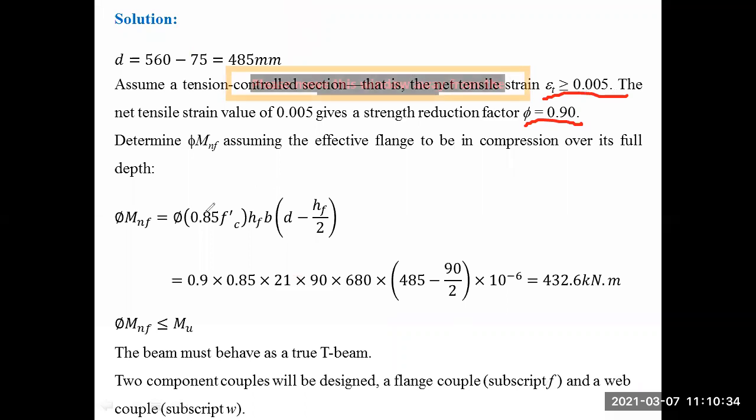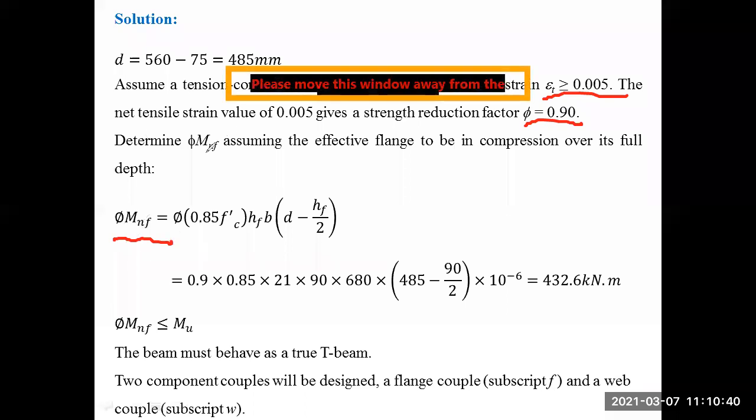Now we determine the nominal moment of the flange, assuming the effective flange to be in compression over its full depth.